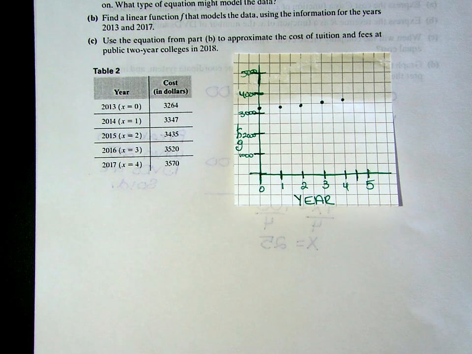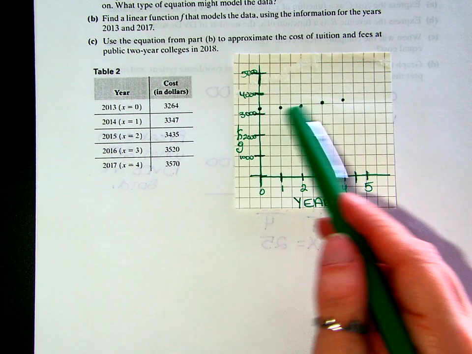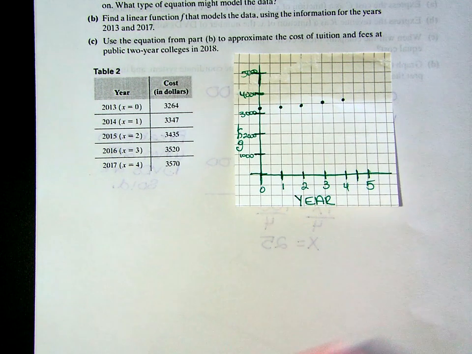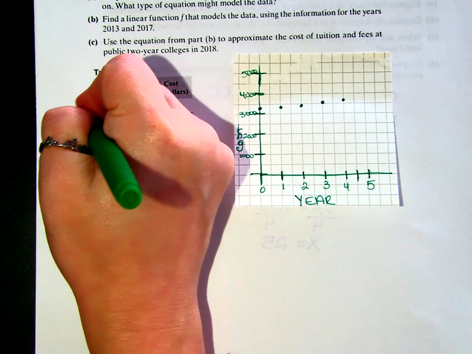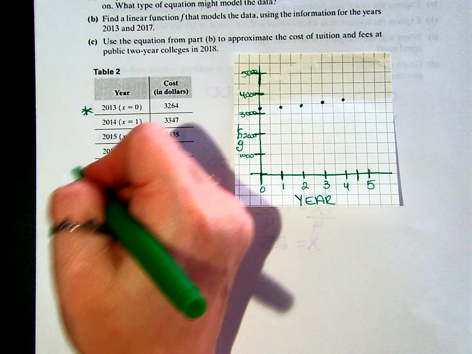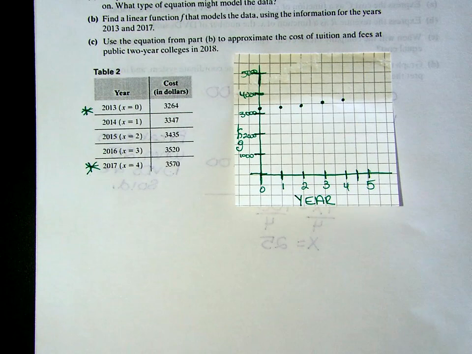It's pretty dang close. So part B says find a linear function that models the data using the information for years 2013, so that's this one, year 0, and 2017, which is year 4. So they specifically tell us what 2 years. And it is important that they tell us, since it's not exactly linear, because without it, our slope's going to be wrong.